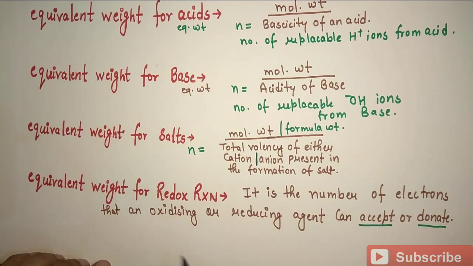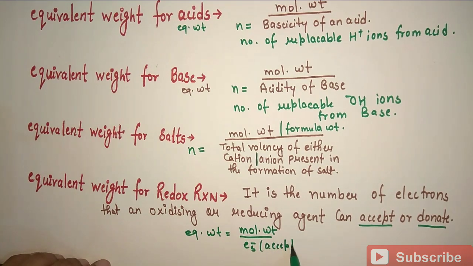So the formula for equivalent weight will become the molecular weight divided by the number of electrons that an oxidizing or reducing agent can accept or donate. Here in this case, the equivalence factor will be equal to the number of electrons that an oxidizing or reducing agent can accept or donate.